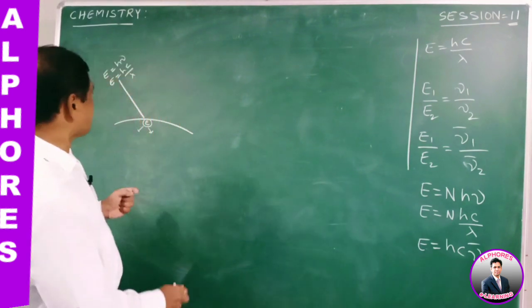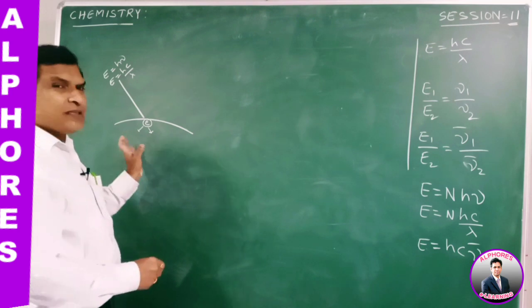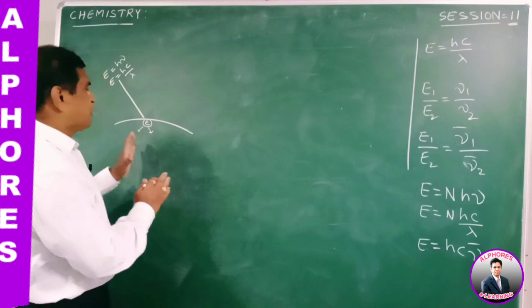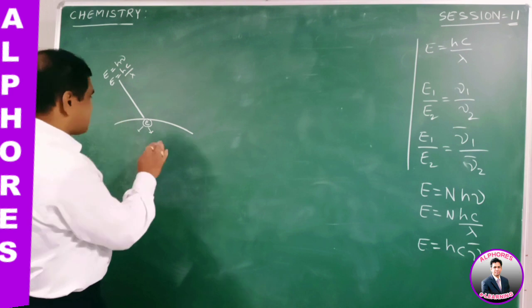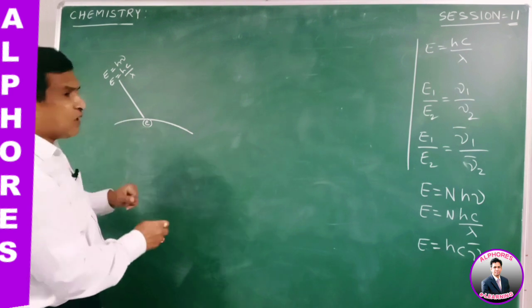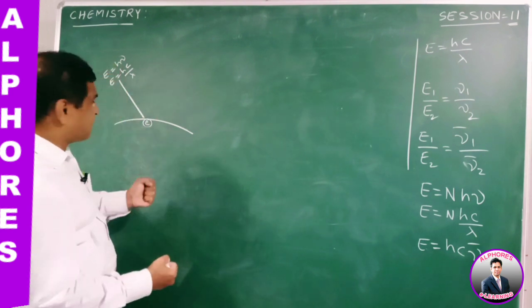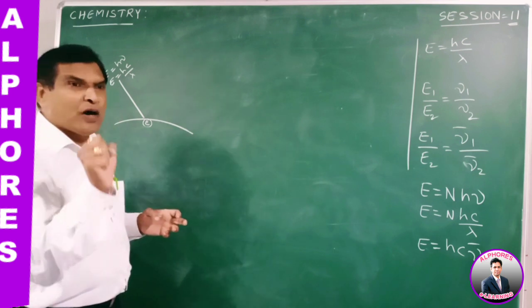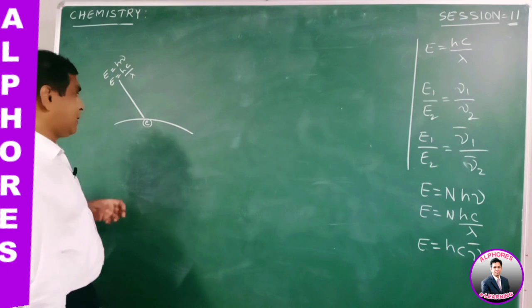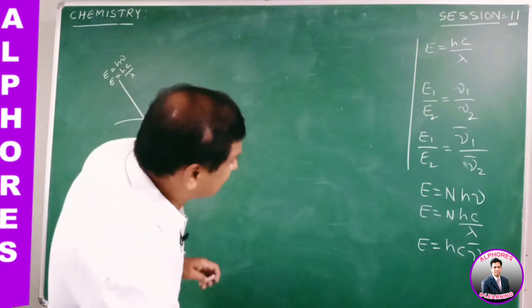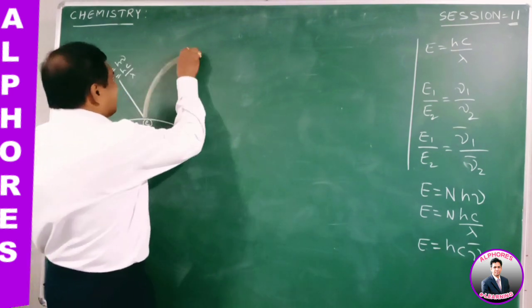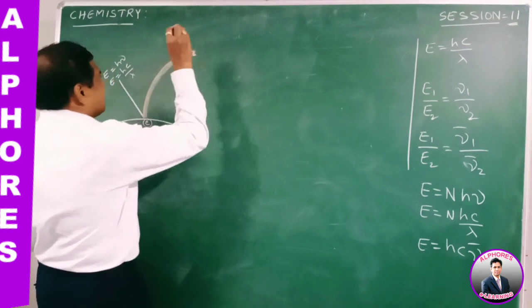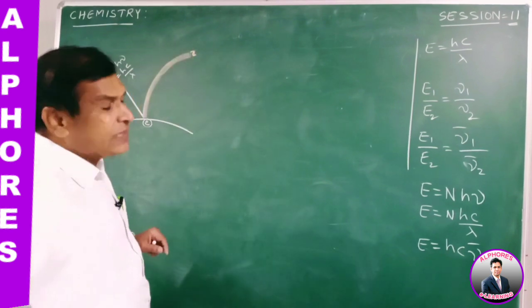So to eject this surface electron, we have to provide some amount of energy to it. The surface electron absorbs some part of the photon energy. Then the electron is ejected from the metal surface.